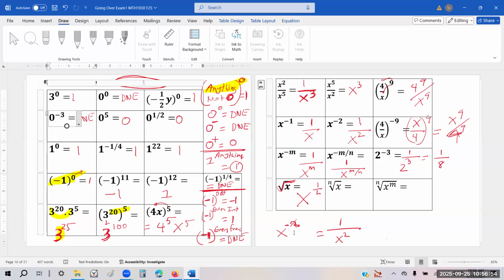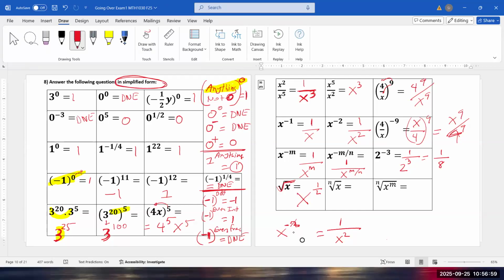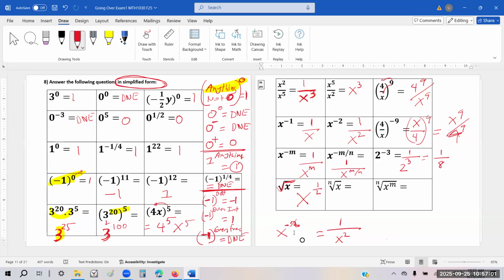But the negative, this one looks weird, so let me change. If you have negative power, the entire thing becomes a fraction. So 1 over x squared is not x to the 1/2. They look completely different. So if you give me this for all these things, I give you 0 because they are not the same.